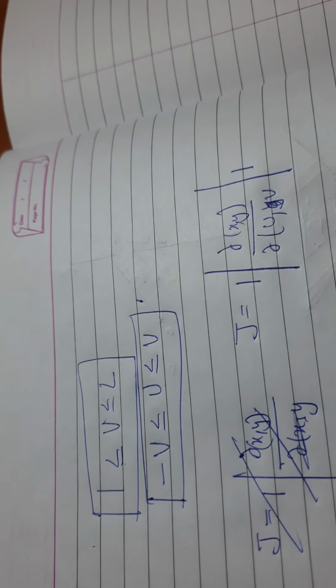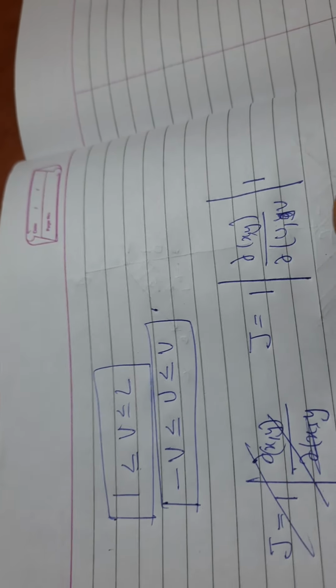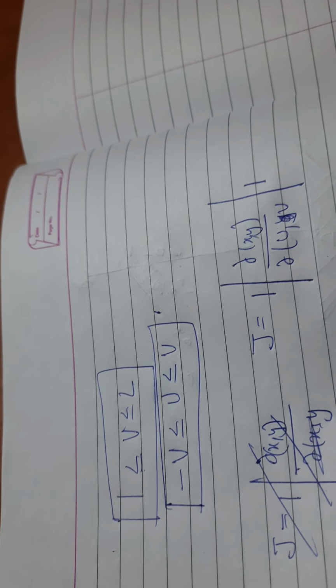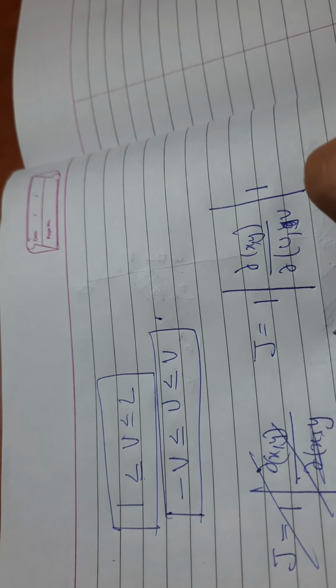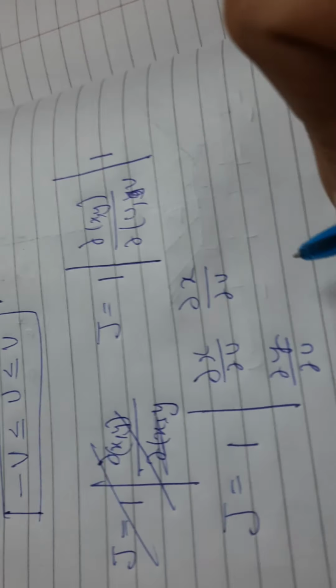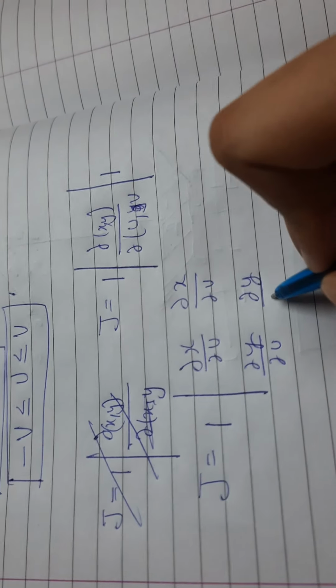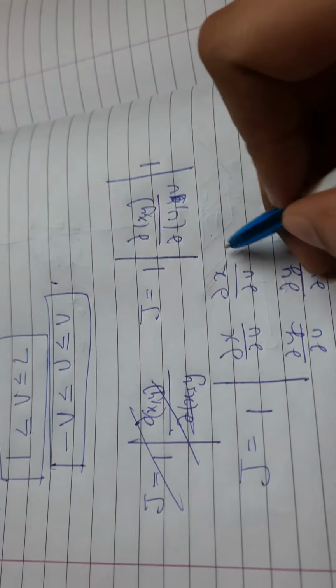If we expand this, we write the determinant: del x by del u, del x by del v, del y by del u, and del y by del v.